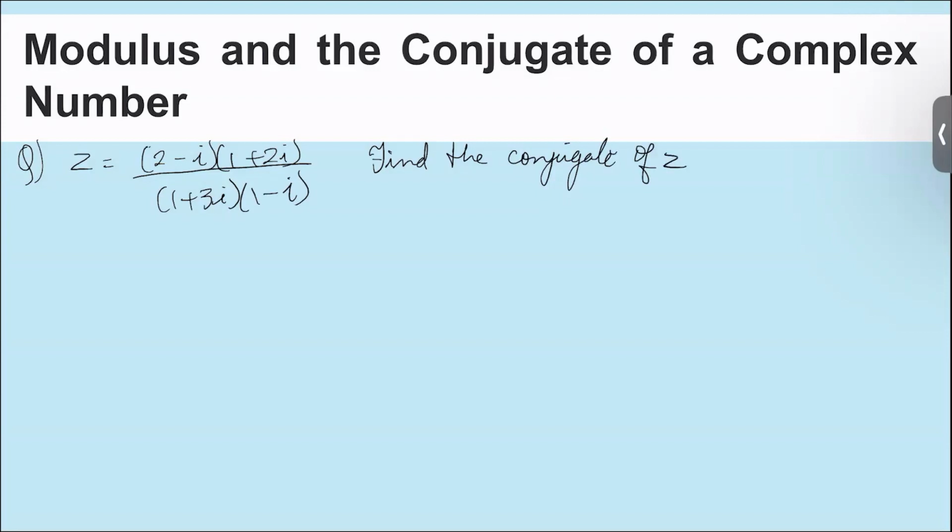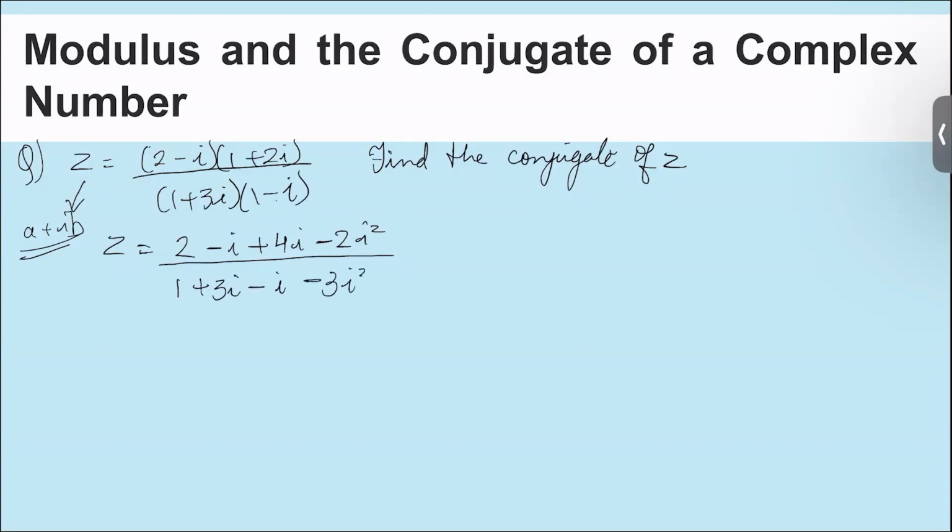So first, let's solve for z to get z in a simpler form of a plus ib. Okay, so we want to get in this form. So z is equal to, so we will solve. This is 2 minus i plus 4i minus 2i squared, upon, you have 1 plus 3i, you have minus i and minus 3i squared.